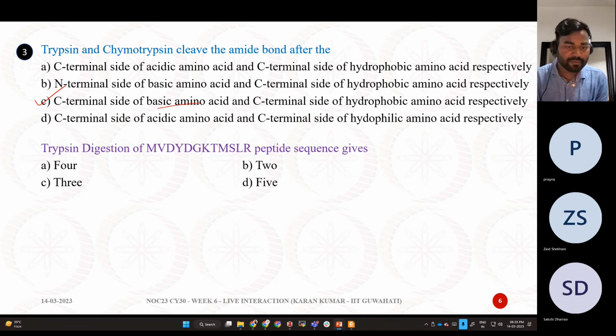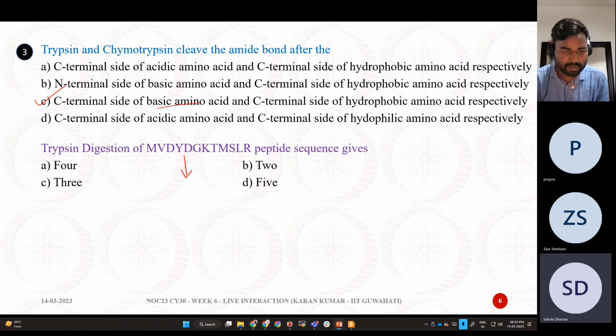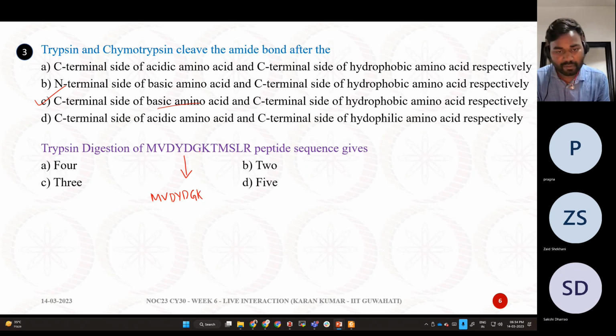Okay, so which fragments will you get if you digest this? Where will it cleave first? M, V, D, Y, D, G, K. So will K come with this fragment or go with that fragment?